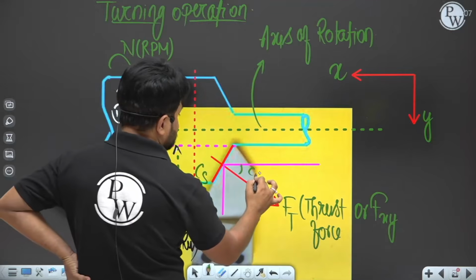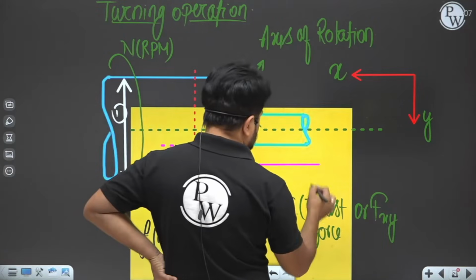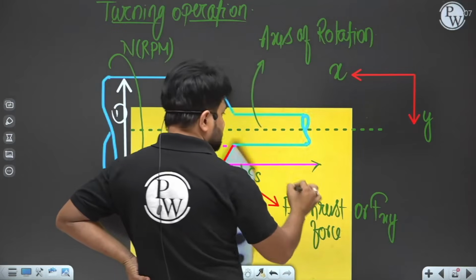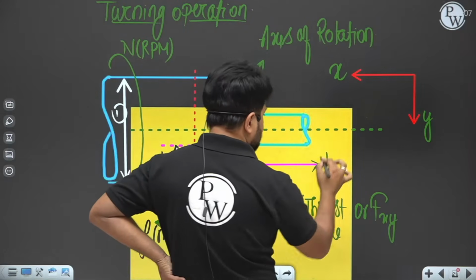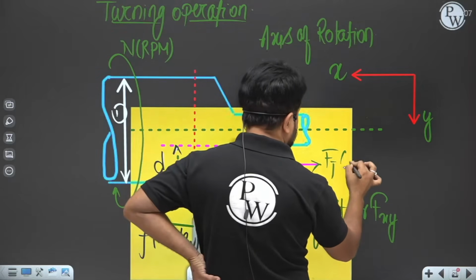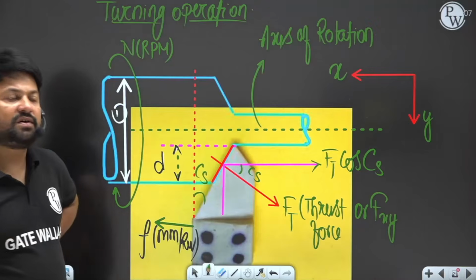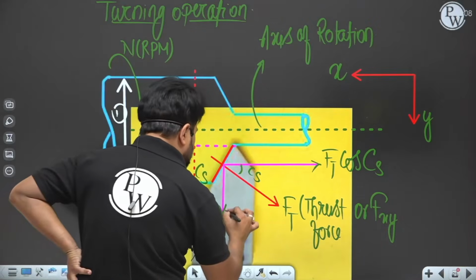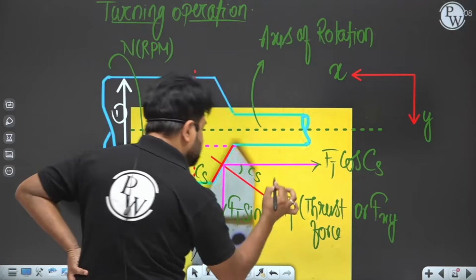Then this component is Ft cos Cs, and this is Ft sin Cs.